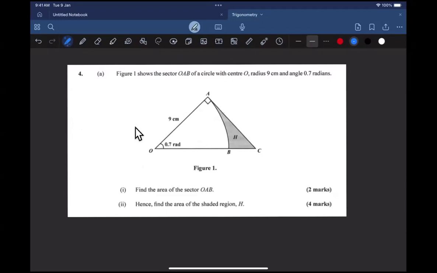I think I need a new calculator, my buttons are giving trouble. 28.35. Yep, that's the answer we're supposed to get. Nice. See if you can figure out part two now.